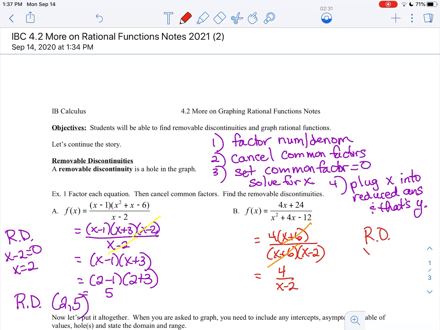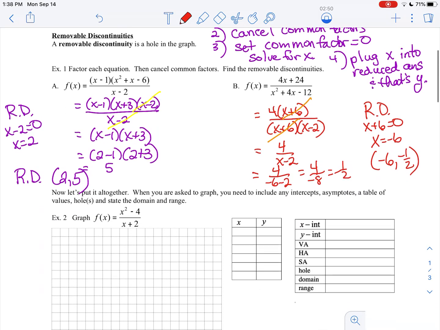So the removable discontinuity is going to happen at x plus 6, so that's x equals negative 6. I plug in negative 6 minus 2. That's negative 1/2. So the removable discontinuity is negative 6, negative 1/2.